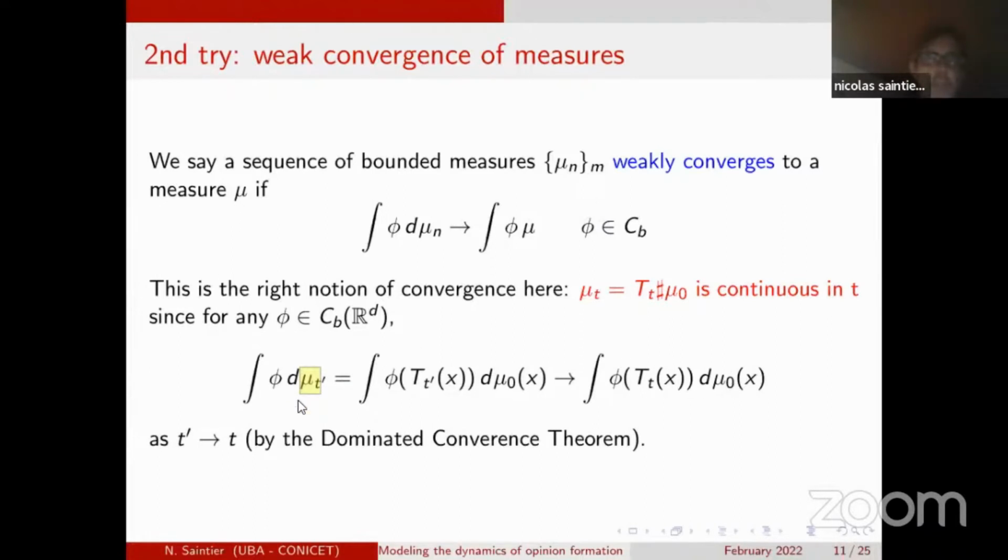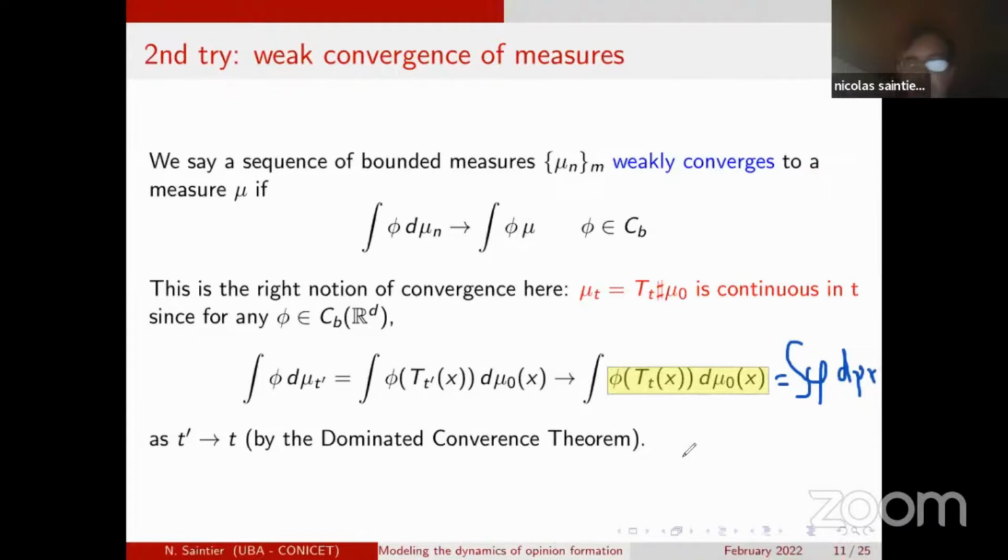For the weak convergence, this means that I just need to pick one test function phi and look at this integral, and I would like this integral to converge to the integral of phi against mu t, which is this expression here. I just forgot to write the integral of phi against mu t. Maybe I should write it now.